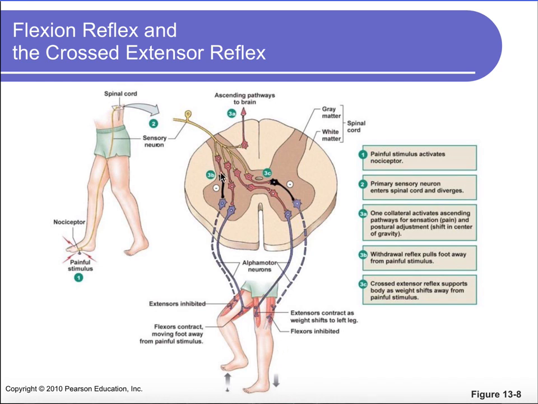So we actually have to then cross to the other side of the spinal cord to extend the other leg so that it can deal with the extra weight that you're putting on it. And in addition, we're going to send that pain signal up to the brain so that we're aware of the pain. So more complex reflex here. It's still a spinal reflex because the brain isn't involved in the response, but obviously this is polysynaptic.